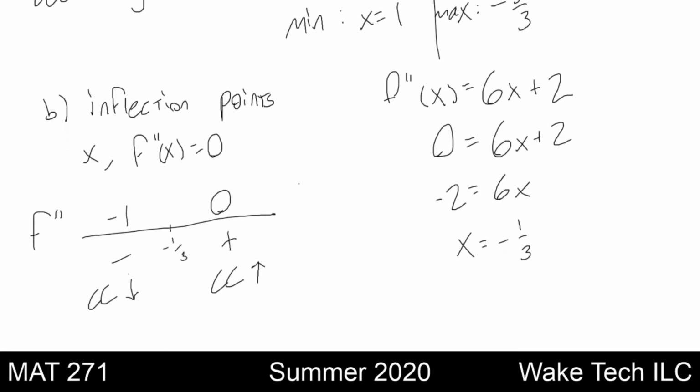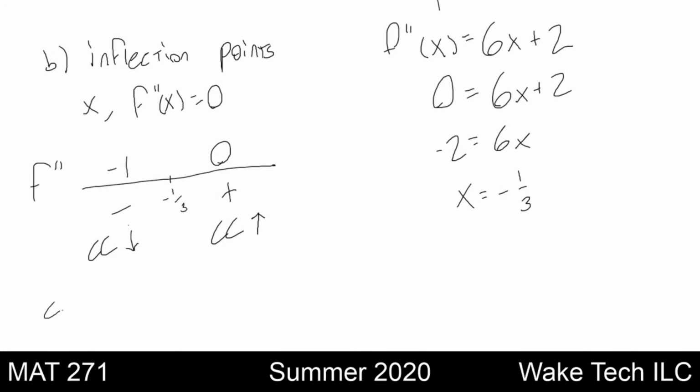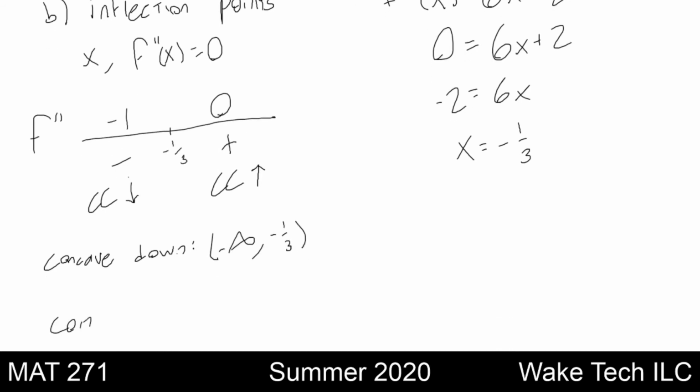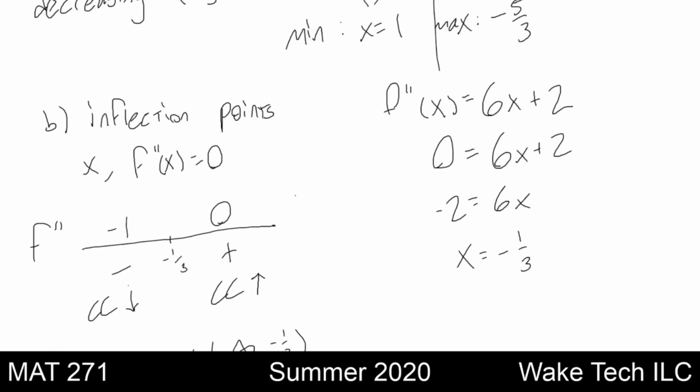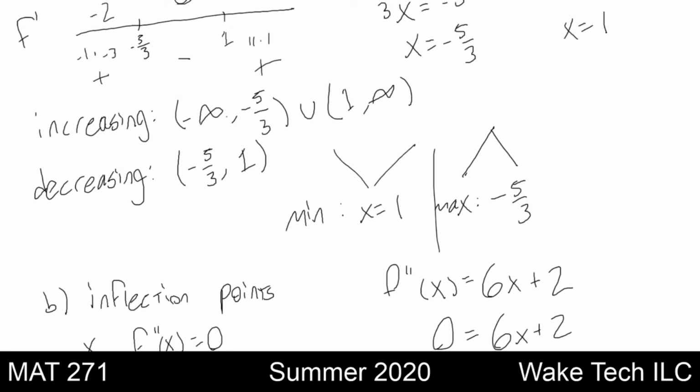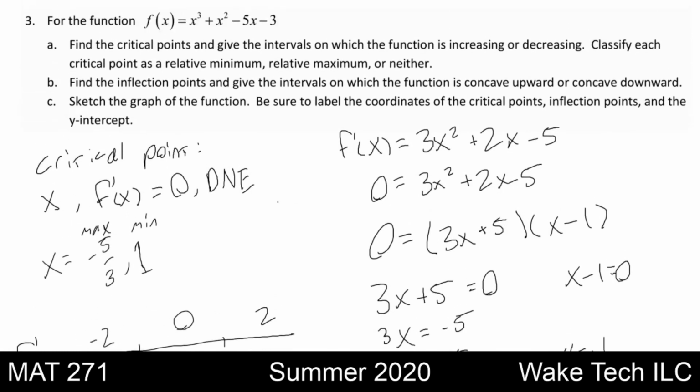So in other words, it is concave down from negative infinity all the way to negative 1/3, and concave up from negative 1/3 all the way to infinity. Note that these will almost always use parentheses. In fact, I can't think of a case in which increasing and decreasing intervals would use brackets.